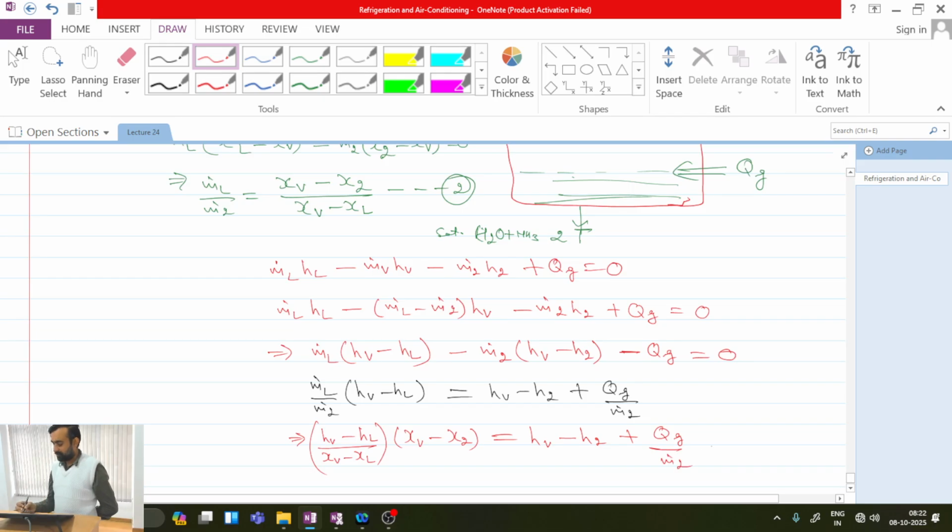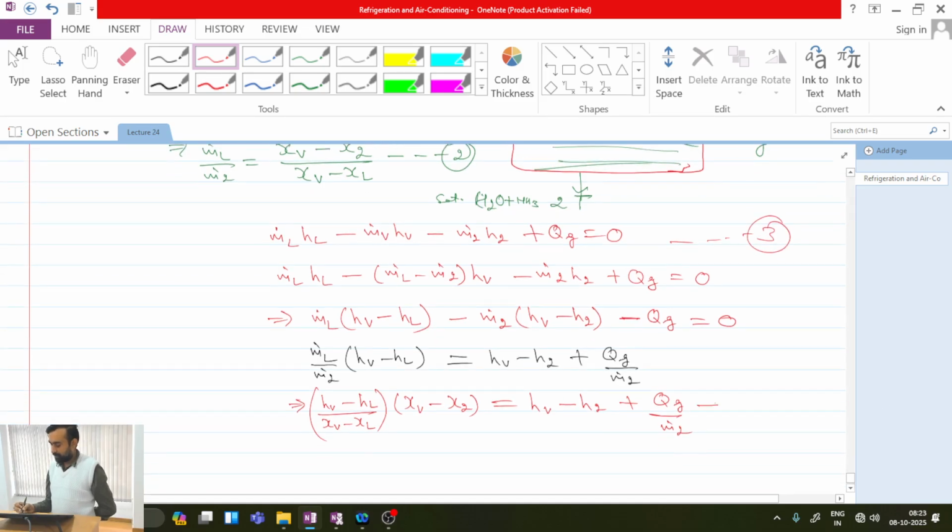So what is this? This is coming from the energy equation, and after doing substitution from the composition equation, this is the operating equation. This is defining the operation. Again, this is a straight line equation.